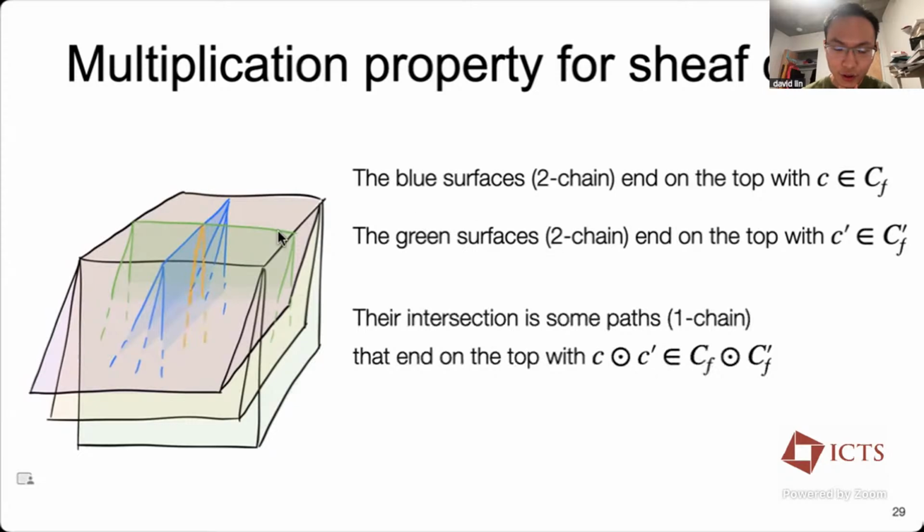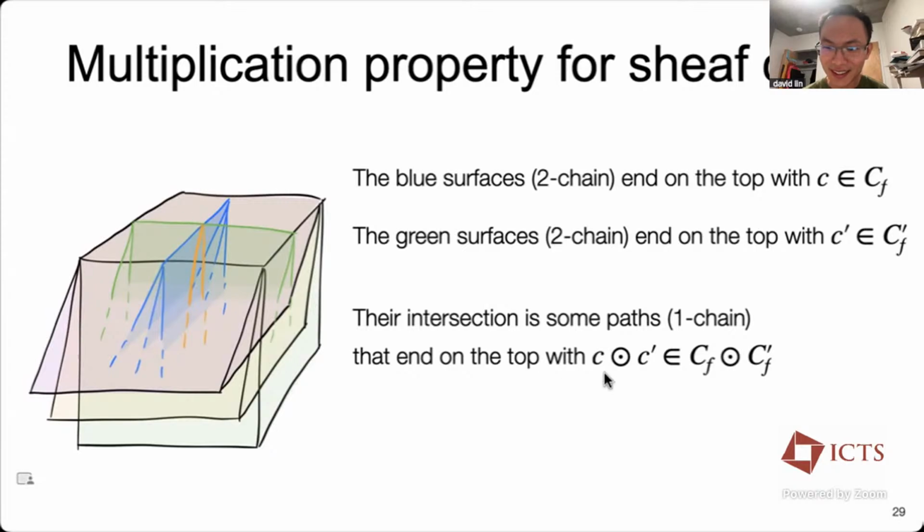So what we'll do next is to take their intersection. If you take two planes in 3D, they will intersect at some lines. So what you get is a bunch of paths, and that forms one chain. And you can ask, what's the pattern near this top face?